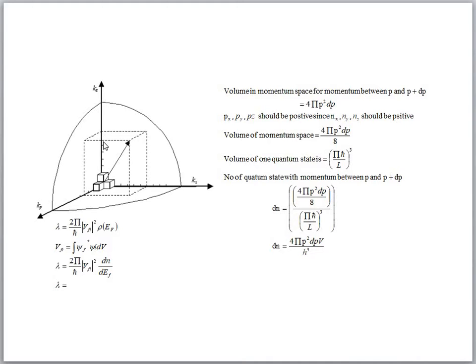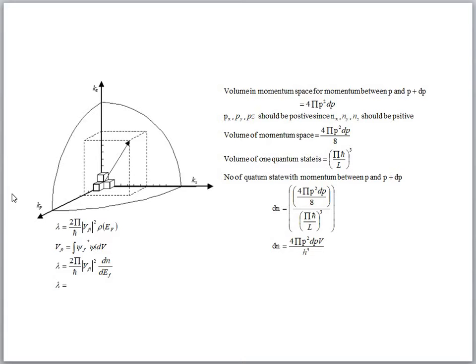But we know that these coordinates px, py, pz are defined by nx, ny and nz, and these nx, ny and nz are positive quantities. So we have to take only part of the sphere, because when we go away along the ky axis in the negative direction, ny will be negative.